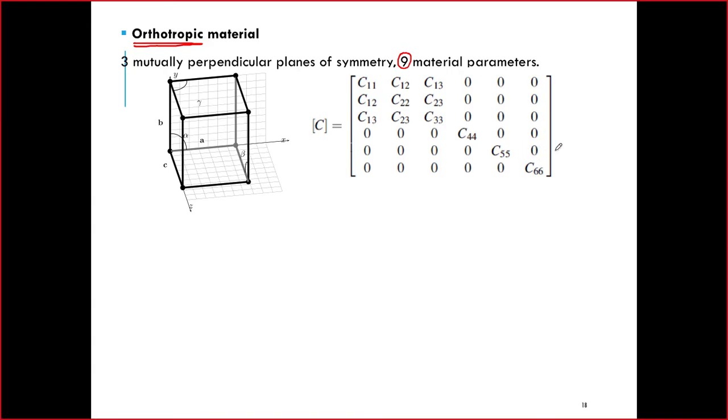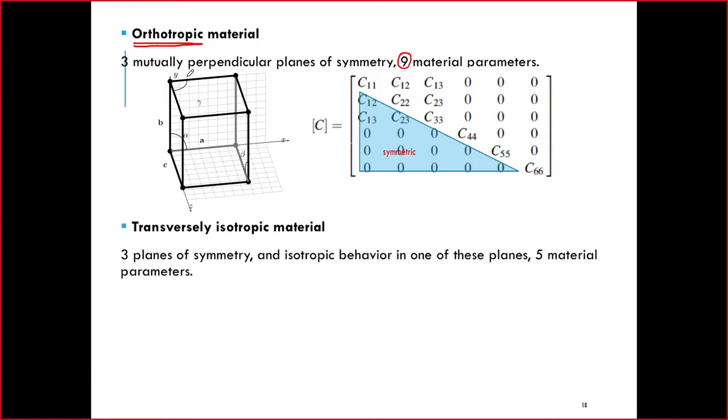Okay, another fancy one is something which has 3 mutually perpendicular planes, but also within one of those planes it is isotropic, meaning it doesn't matter which direction you look at it from. Let me explain. Doesn't matter whether you look at it in this direction or this direction or this direction, and I'm talking about this plane by the way.